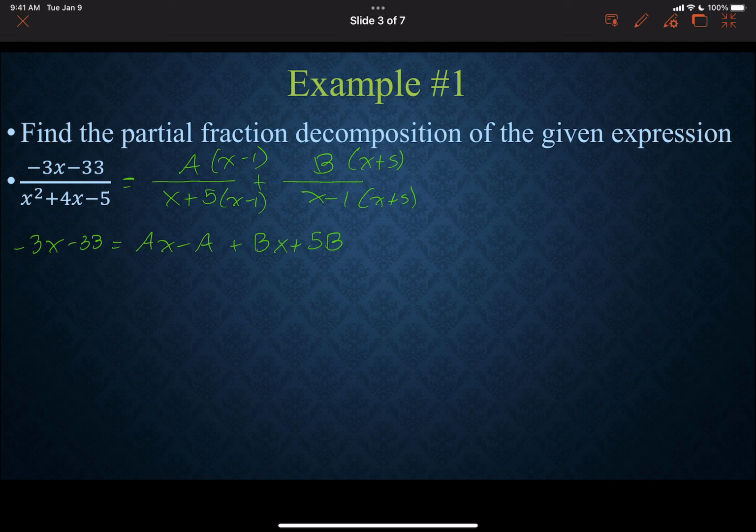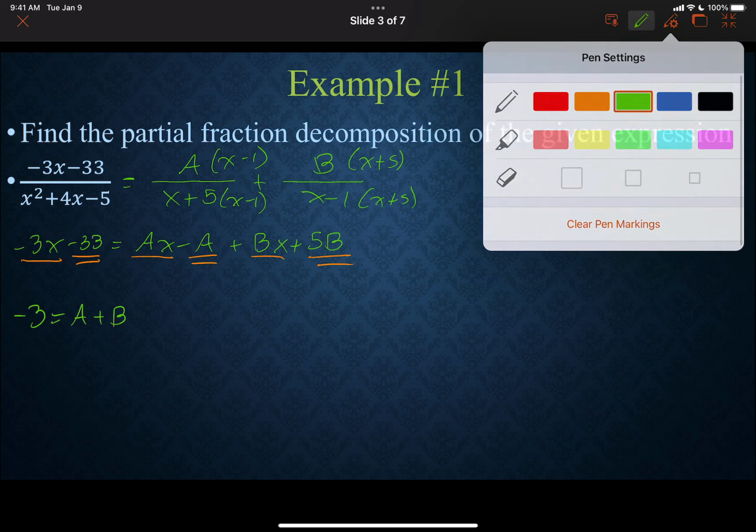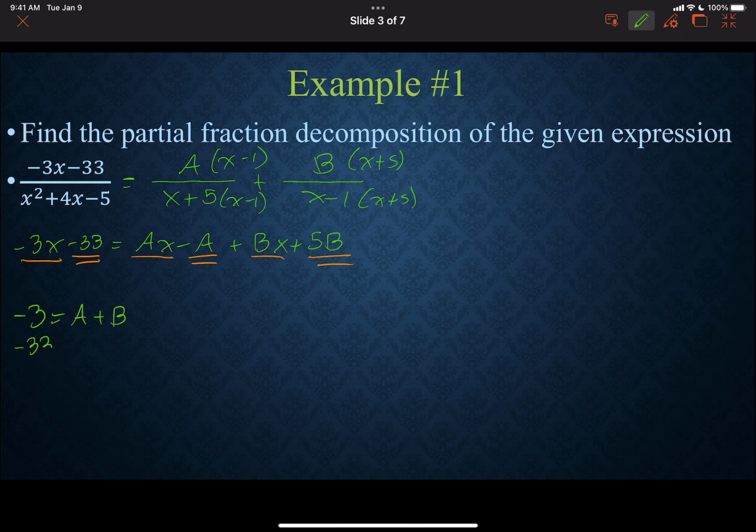So the x coefficients have to match up to be negative 3. That's going to be our first equation: negative 3 equals a plus b. And then our constants should match up to be the negative 33. That's our next equation: negative 33 equals negative a plus 5b.